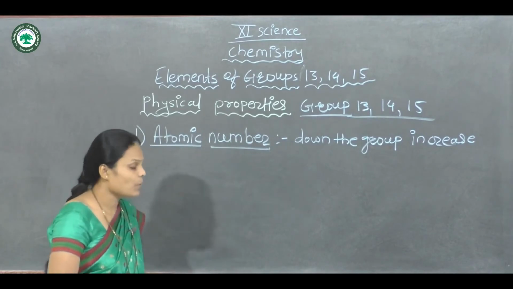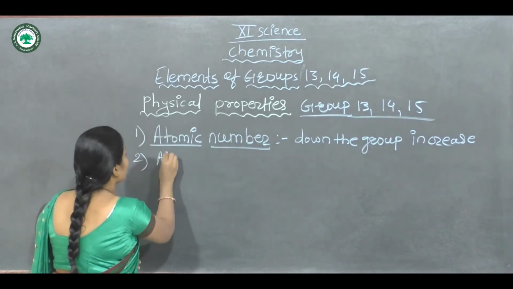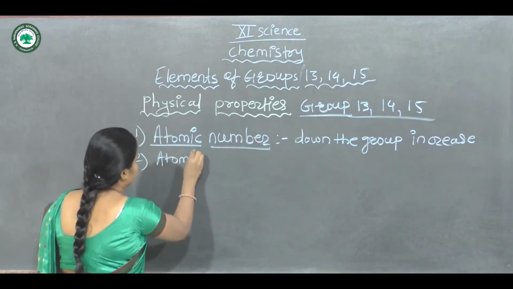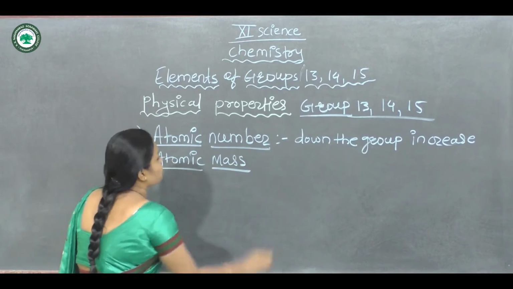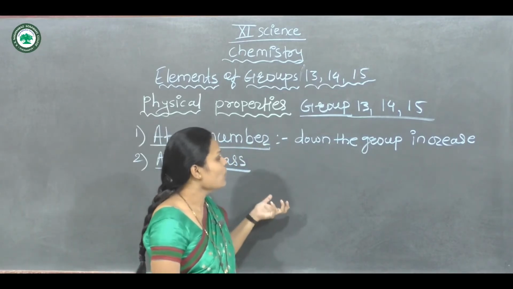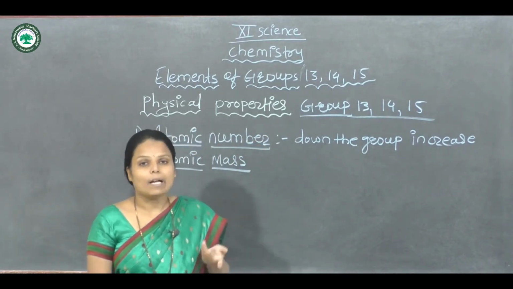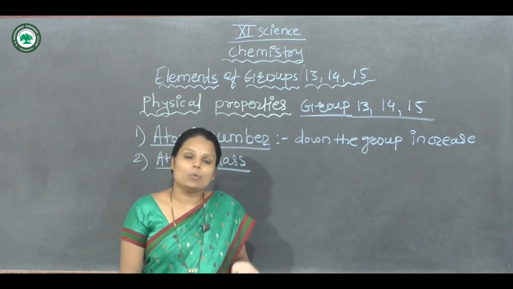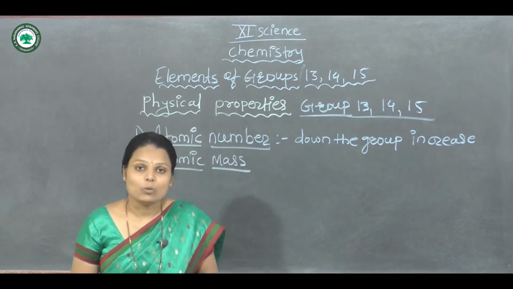The next property, the second property, is atomic mass. As we move down group 13, 14 and 15, the atomic number increases, and that is why the atomic mass also increases.